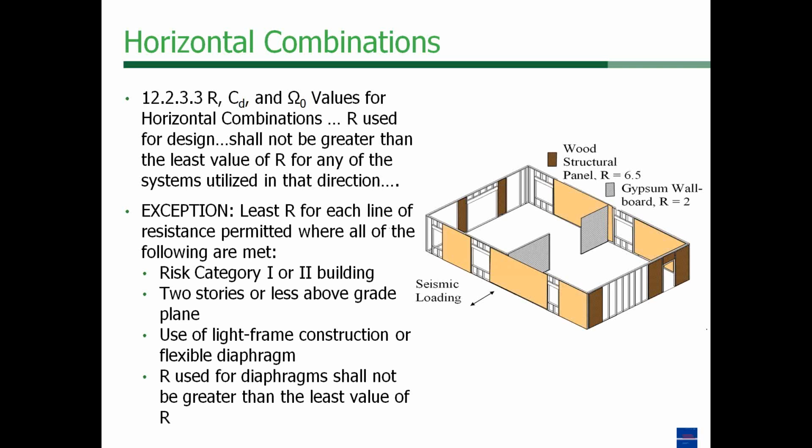And this approach is only permitted for risk category 1 or 2 buildings, and it needs to be 2 stories or less, and light frame construction, flexible diaphragms, and the diaphragm based on the least R, not the greatest R. So there may be cases where you have a central corridor that has a long enough length that there's enough gypsum to handle the shear, but that's going to take some additional calculations that you'll need to decide whether or not that's worth the effort.